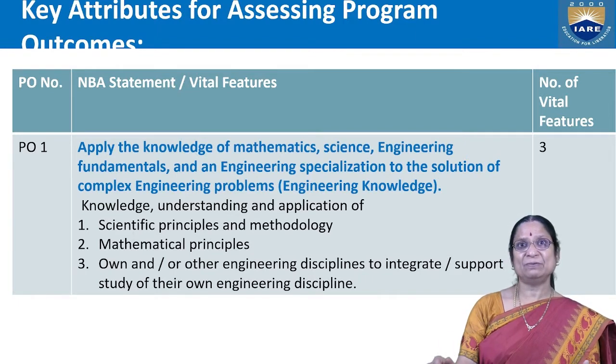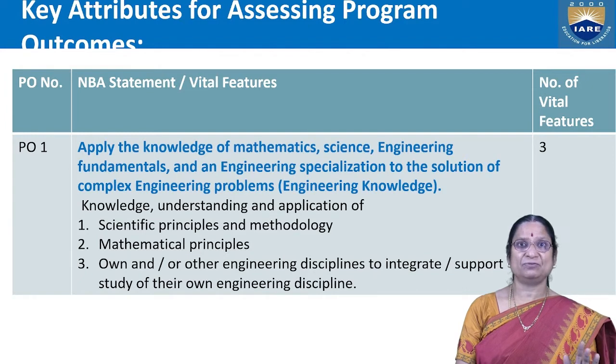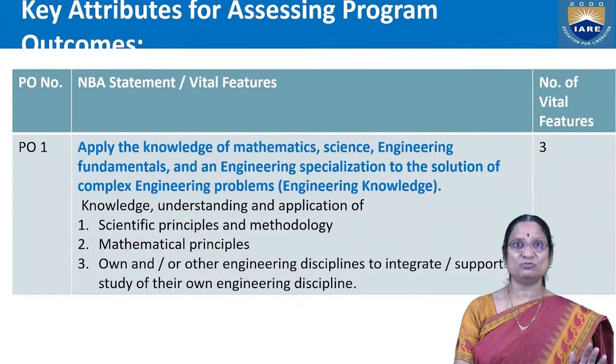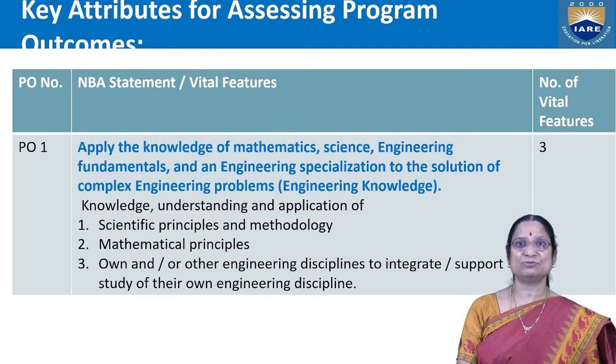This type of table was there for all POs, but I'll discuss only 4 POs because these 4 POs are mapped to my course. The Database Management System course was mapped to PO1, PO2, PO3, PO4. So I'll discuss only these 4 POs and the various important or assessing features in each PO.